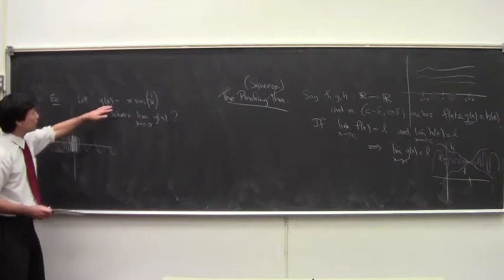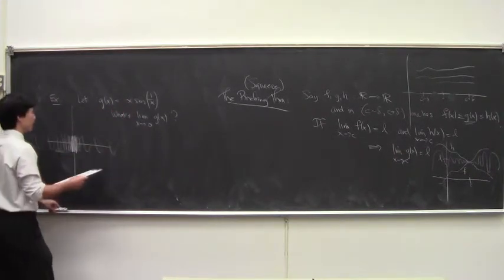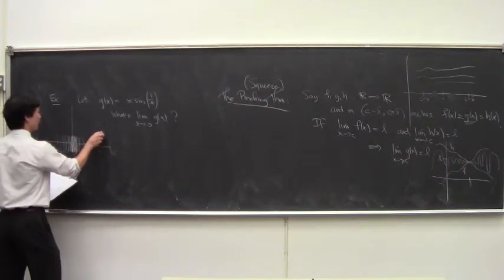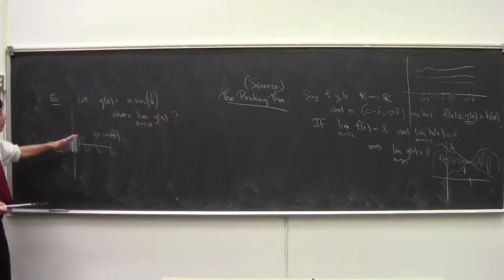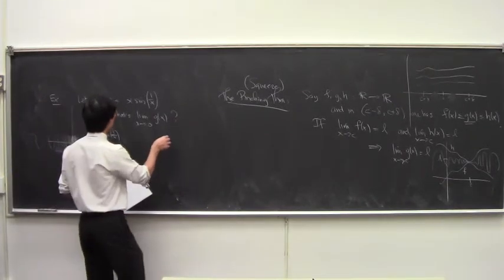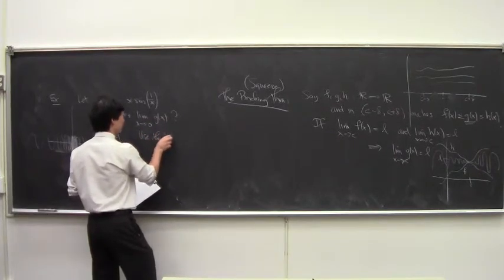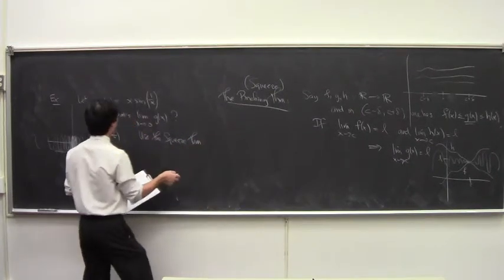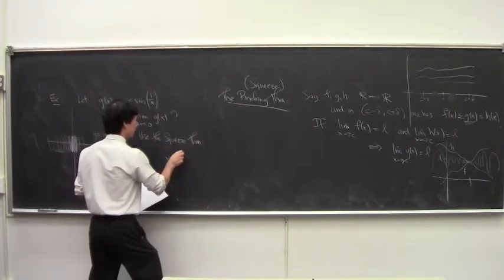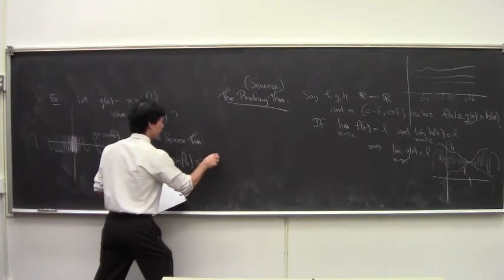But the good thing is that it's multiplied by x. This is the graph of sine of 1 over x, but if you multiply it by x, it's a lot more manageable. And you can see that by using the squeeze theorem. You say, well, look, I know that this thing is smaller than the absolute value of x.